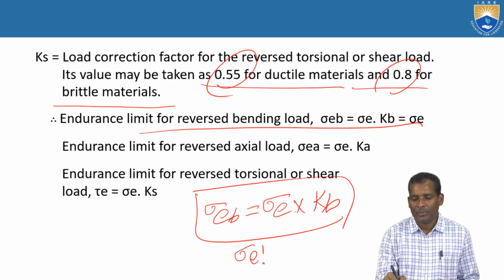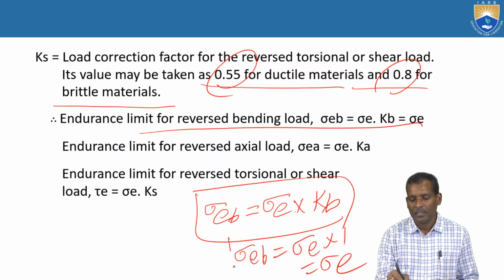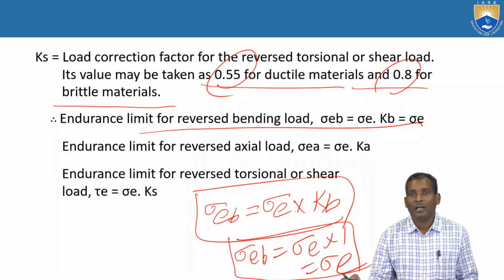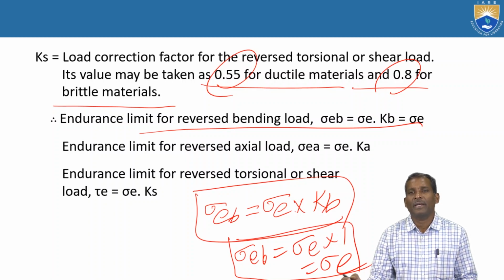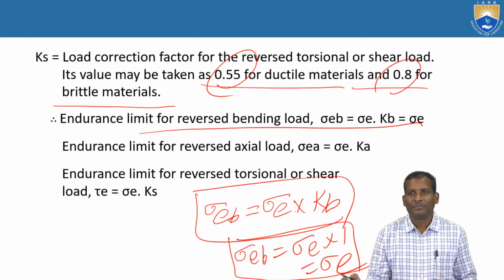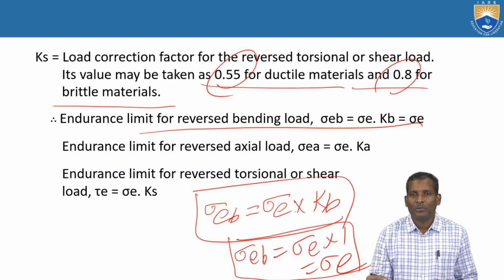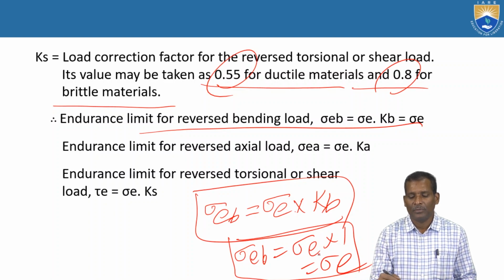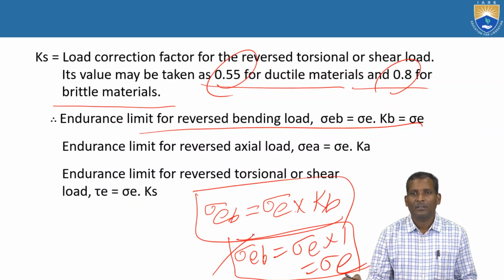So sigma Eb is equal to sigma E into 1, that is sigma E. You can say the endurance limit under a reversed bending load is the same as the endurance limit for a standard specimen. Whatever value is determined by using the rotating beam fatigue tester, you can substitute that value here, and you will get the endurance limit for the desired material.